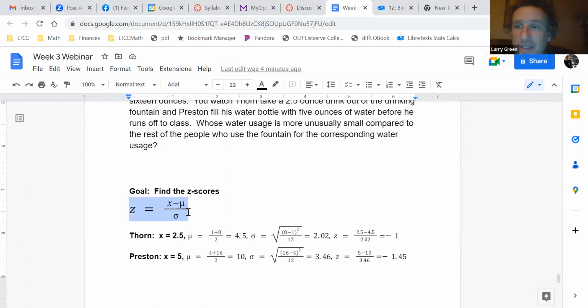This isn't new, it happened in chapter 2, but I want to give you a little reminder that's important. When you're doing this on a calculator, if let's say x was 2, mu was 1, and sigma was 3, and you type in your calculator 2 minus 1 divided by 3, just like that, that's wrong. How come?